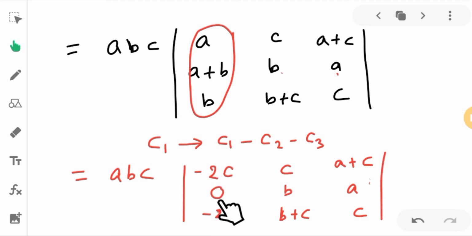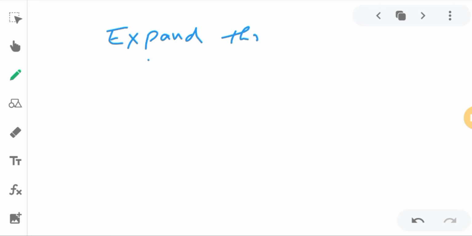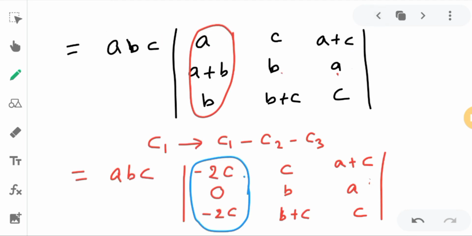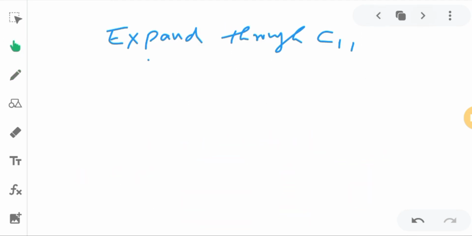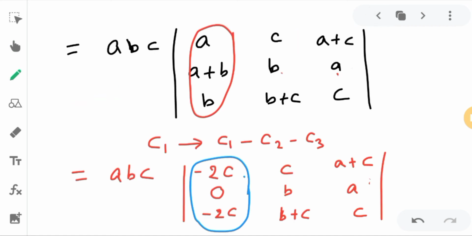Now, can we perform any more operations? Leave it. Now I will expand through C1. When you expand through C1, this will be ABC, and the first element is minus 2C.